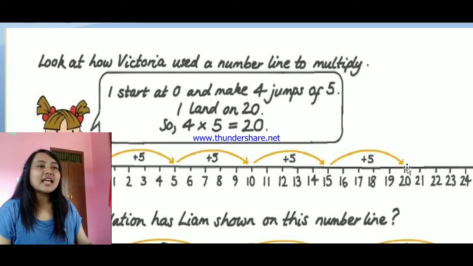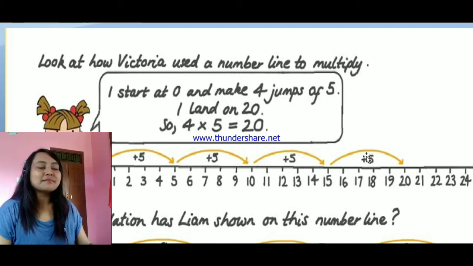So I have jumped 1 time, 2 times, 3 times, sorry, 1 time, 2 times, 3 times, 4 times. Up to 4 times I have jumped 5 units forward each time. Look, plus 5 here, plus 5 here, plus 5 here, and at last also 5 units forward.